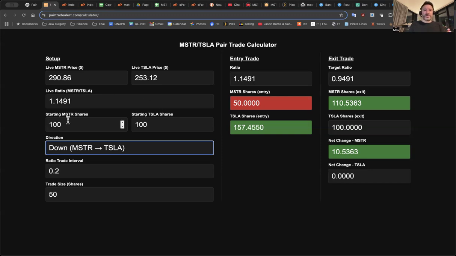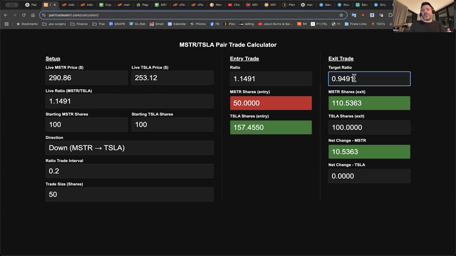And obviously you can work that out from your setup, which is, you have a certain amount of shares, certain prices, but what you don't know is what these prices are going to be when you exit. We can put a ratio in, but we don't know the dollar amounts that cause that ratio to come about.